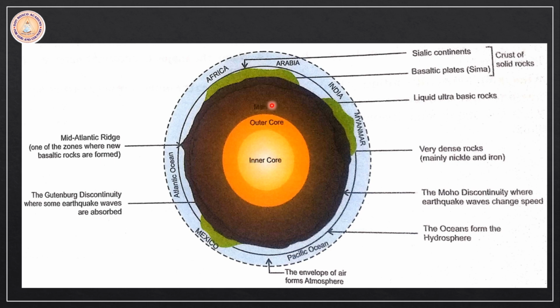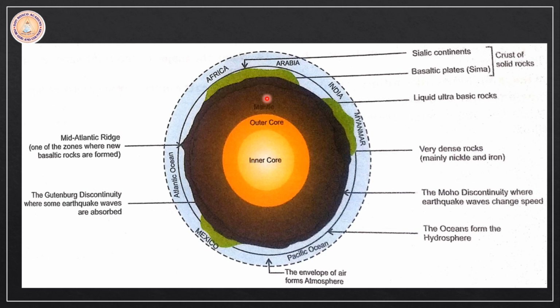That means the mantle is having lighter material on the top, while as we move towards the center or below, the mantle becomes heavier. The average thickness of the mantle is 2,800 kilometers.